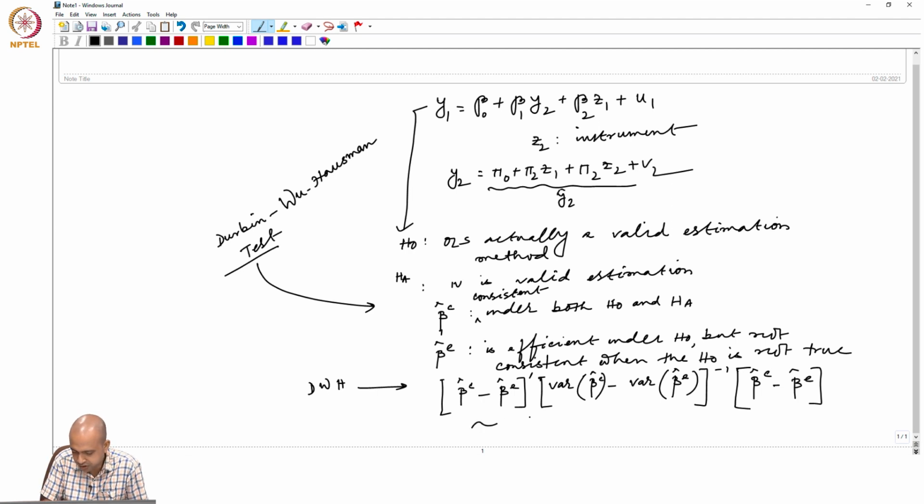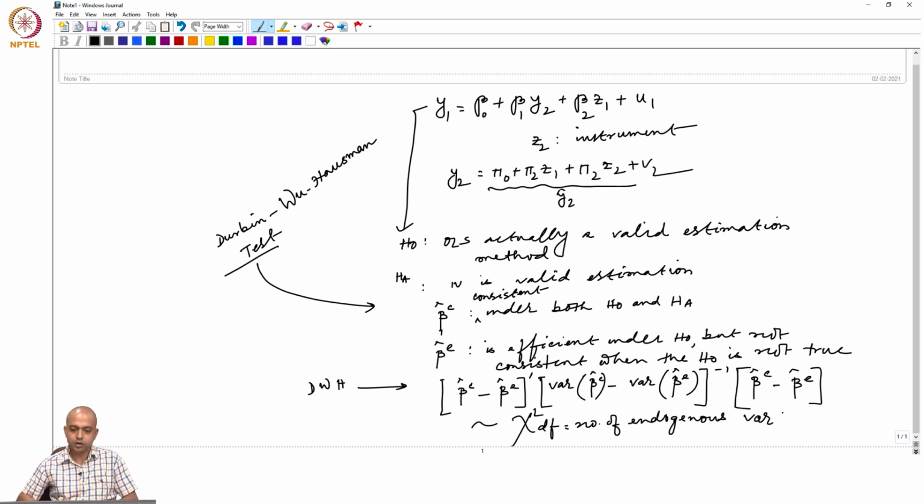And this follows a chi-square distribution with degrees of freedom equal to the number of endogenous variables. In this case, we have only one endogenous variable, that is why it is 1 here. So, this Durbin-Wu-Hausman test is basically a chi-square test.